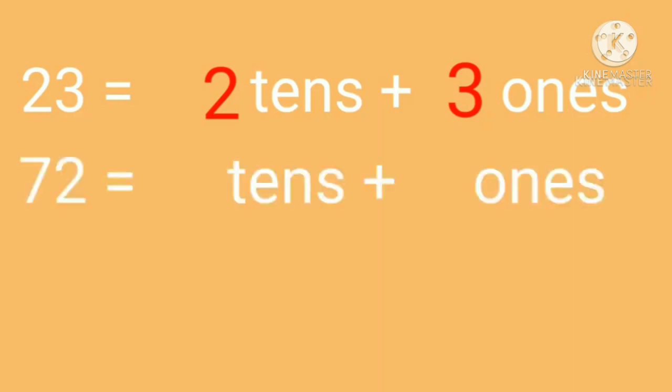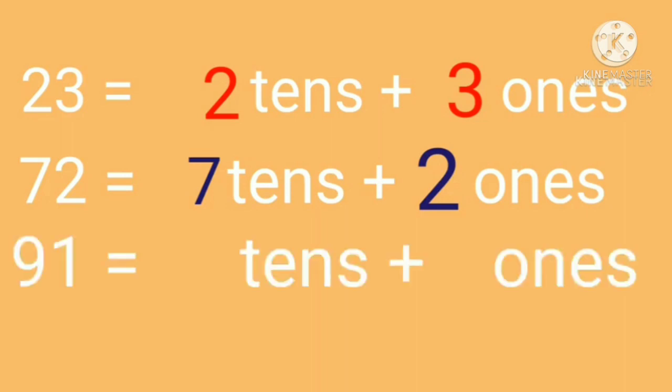Here we can see there are 7 tens and 2 ones in 72. I am going to give you one more number. 91. Tell me children, how many tens and ones are there in 91? Yes, this number has 9 tens and 1 one. Is it clear children? Yes.